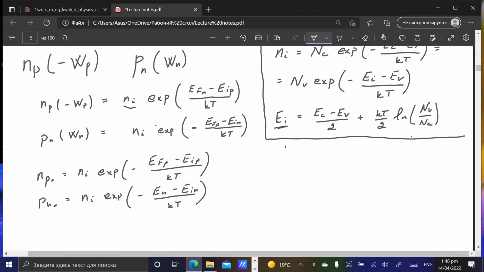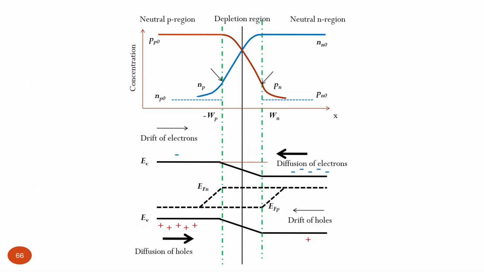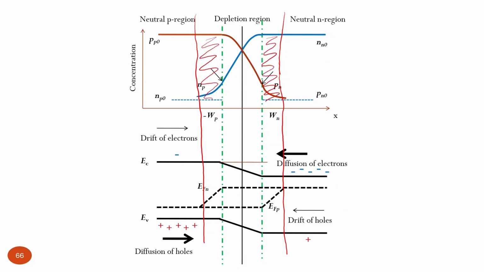So what does it mean? Let us take a look here again at our image. We consider this neutral part. Here is the neutral part in p-type and the neutral part in n-type, which are under thermal equilibrium condition. But this part is not in thermal equilibrium condition, because you see here we have a quasi-Fermi level, which means that we are out of equilibrium.